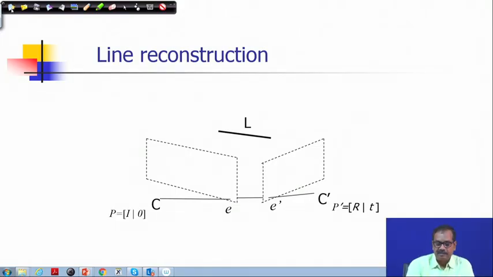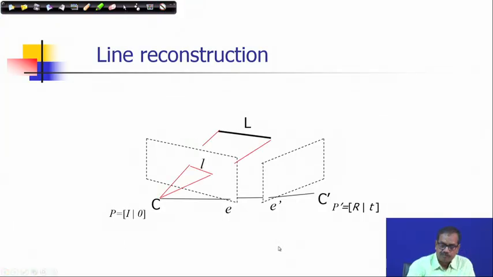Incidentally, as you can see, they will also be epipolar lines, those corresponding epipolar lines. This is the image of the 3-dimensional line in the first image plane. Similarly, the image of the same line in the second image plane. Both are given by L and L prime.